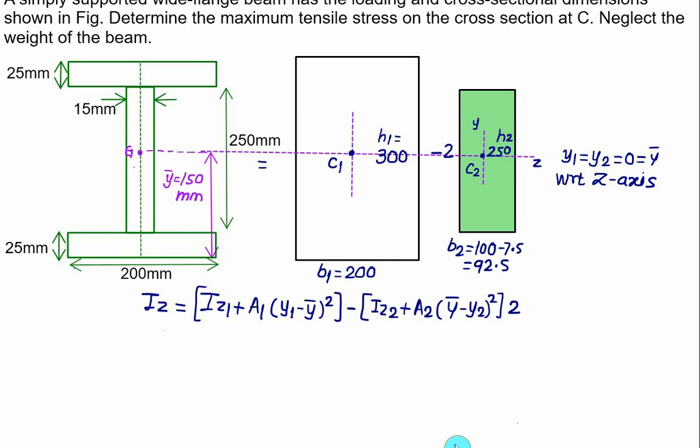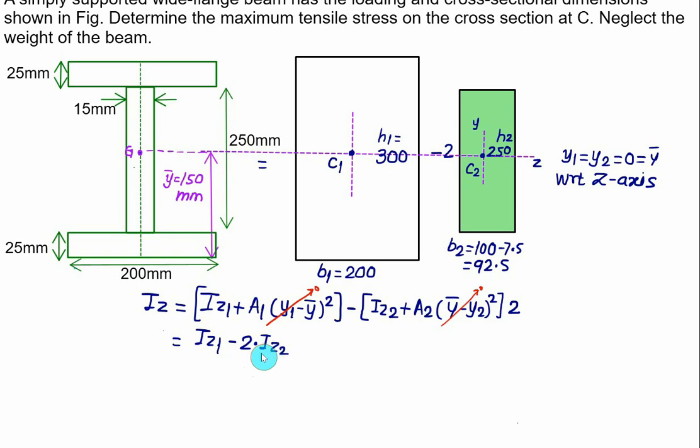Now here Y1 and Y bar are the same value, so this term will cancel out, and Y bar and Y2 are also the same, so that will also cancel out. It means that the answer is equal to Iz1 minus 2 times Iz2.